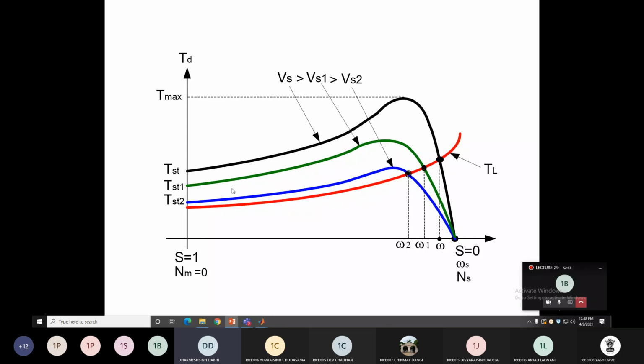For Vs2 voltage, the torque speed characteristic intersects at this point, and speed is omega 2. So omega 2 speed is less than omega 1 as well as omega. So as you decrease the voltage, speed will reduce. So this is a characteristic at different supply voltages. From this you can understand it.